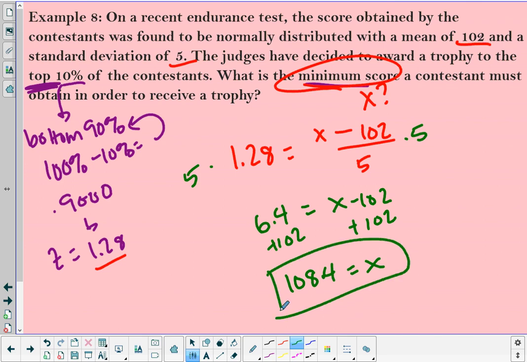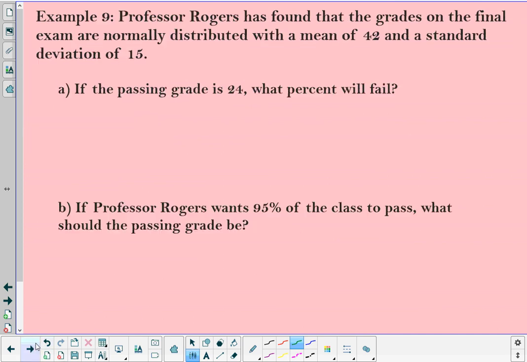That's your score. So top 10%, convert it to the bottom, it's the 90%. That's 0.9 in the table. Find 0.9 in the table. The z-score is 1.28. Plug that z-score into the formula. Use algebra to get the x by itself. These are some tough, tough questions, folks.